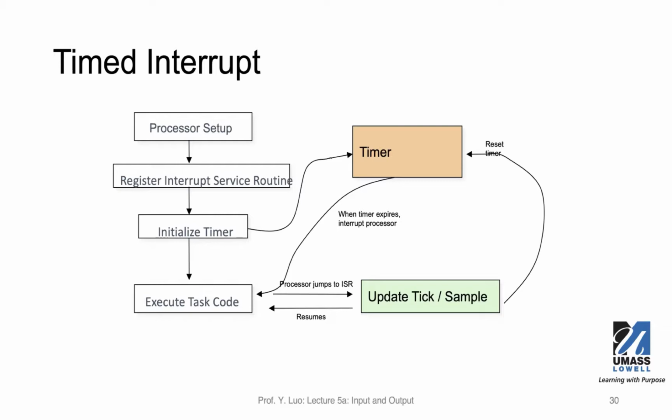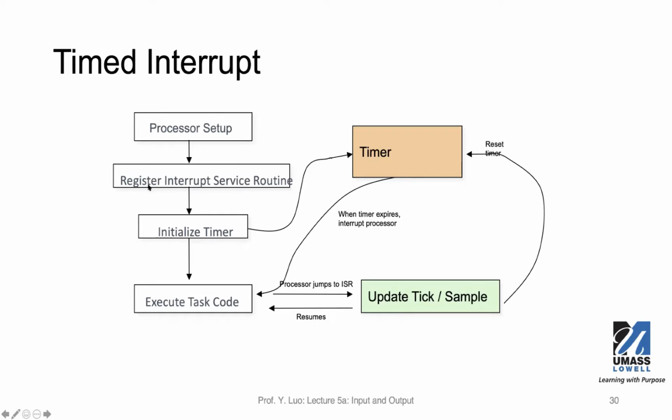You'll first do its usual setup work, enable, for example, the interrupt enable bit or other things. And then the next immediate thing the processor needs to do is to register the interrupt service routine. And this interrupt service routine, as in our example, is for the timer interrupt. So whatever we want to do when the timer expires should be put into this interrupt service routine, which is typically defined in a separate function.